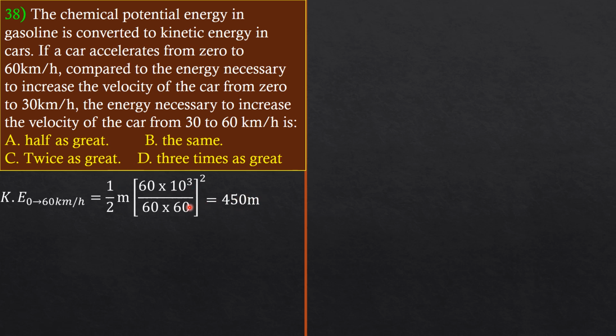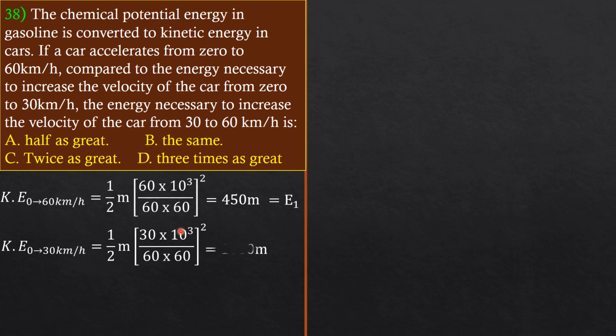We assume in this case that the mass is constant. So the kinetic energy necessary to take it to a speed of 30 is now going to be 1/2 m. The velocity, friends, is 30, so we have to convert from kilometers per hour to meters per second. Simplifying, we are going to have an answer of 1800 m. We can call that E2.